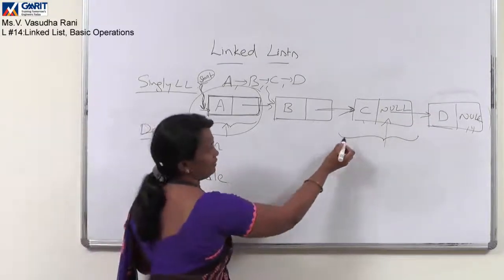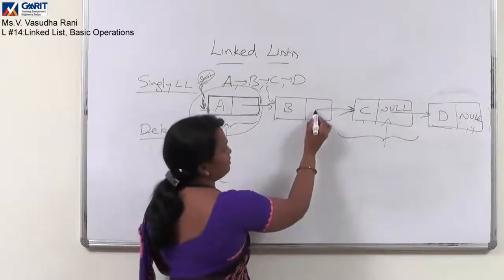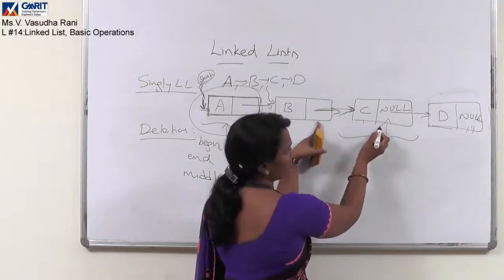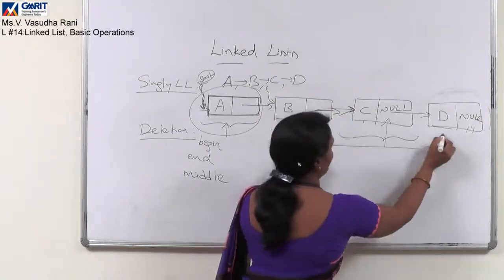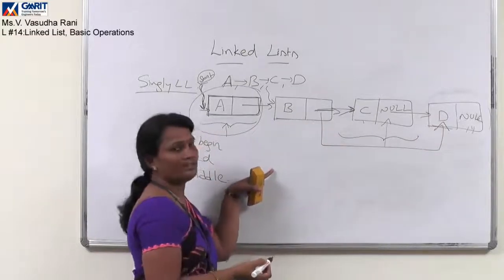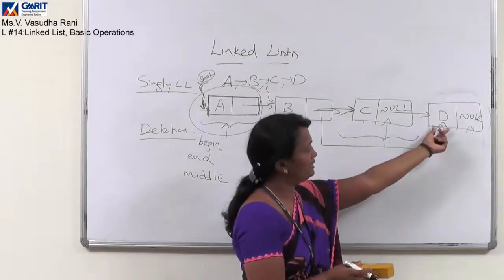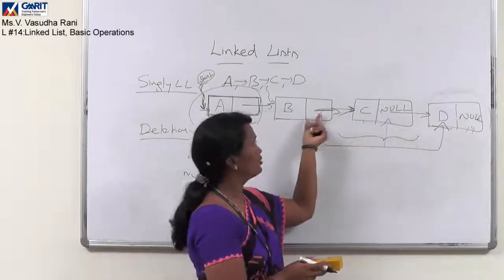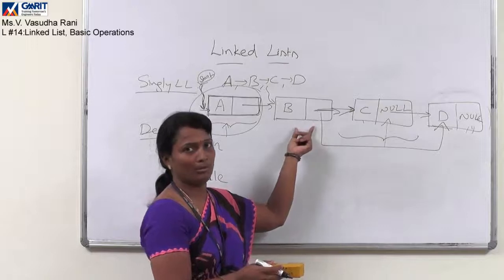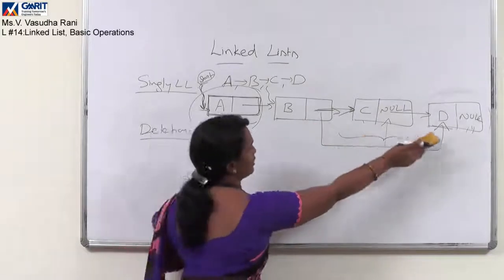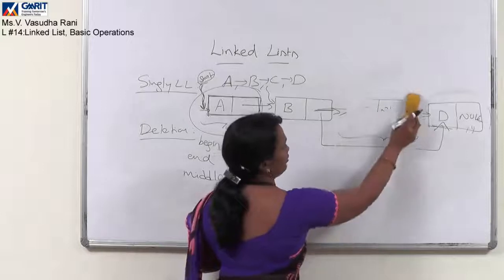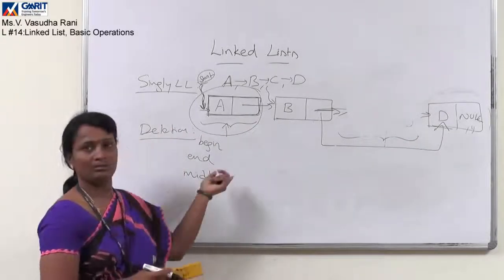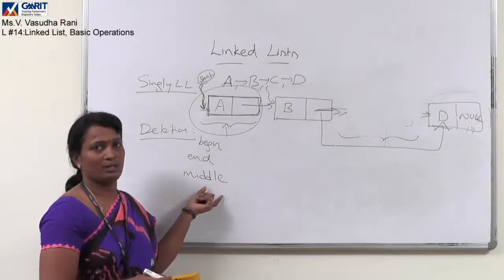In order to delete this C node, the address of B in the future should not refer to C, it should directly refer to D. For that, the address of D, whatever is already there in the link field of C, should be stored into the address field of B node. Once this address is stored here, we can free this particular node. This is how deletion of a middle node can be performed with a singly linked list.